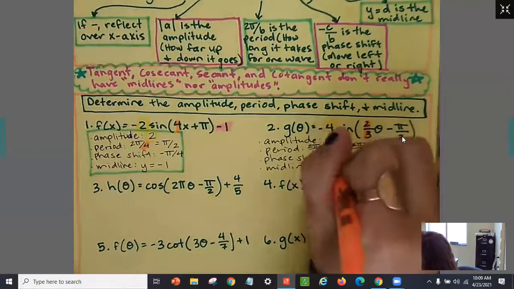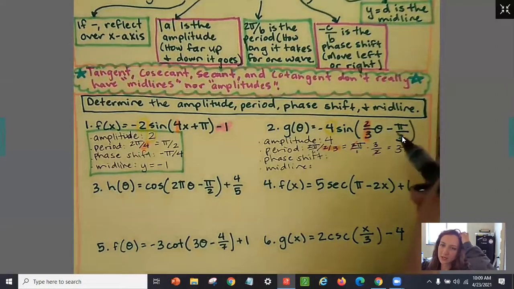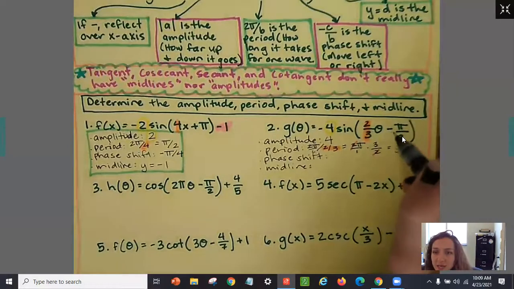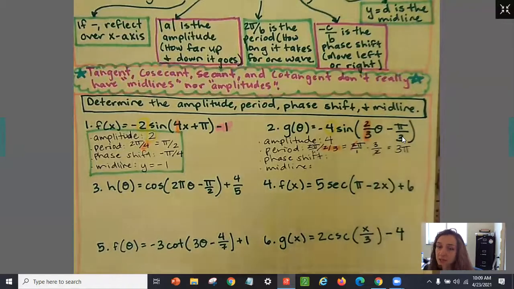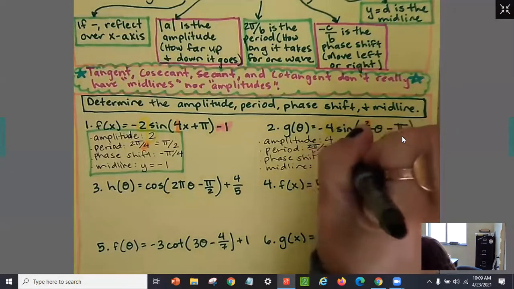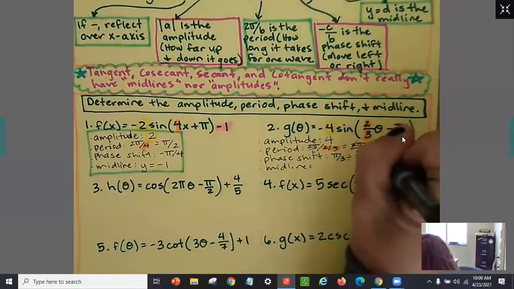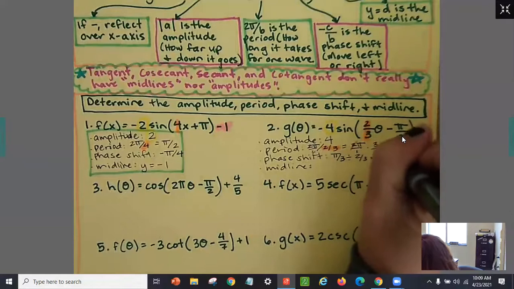All right, so now let's look at the phase shift. The phase shift is negative c over b. So this is going to be negative this number, so instead of negative pi over 3, it's going to be positive pi over 3 divided by 2/3. We're going to keep change flip again, so keep this one, change to multiplication, flip this one.